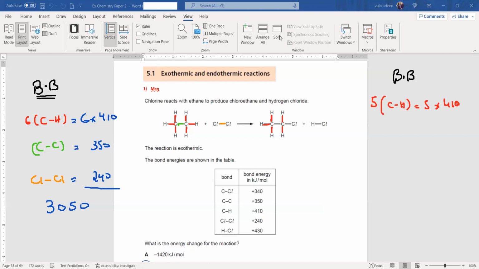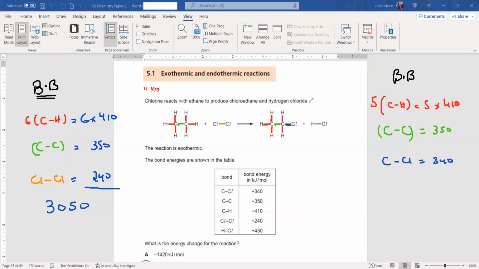Then there is a carbon-carbon bond, 350. Then there is a C-Cl bond, this carbon and chlorine bond, carbon-chlorine 340.